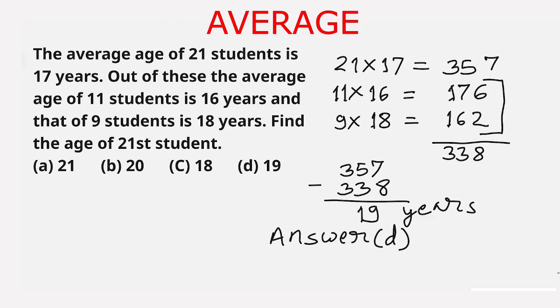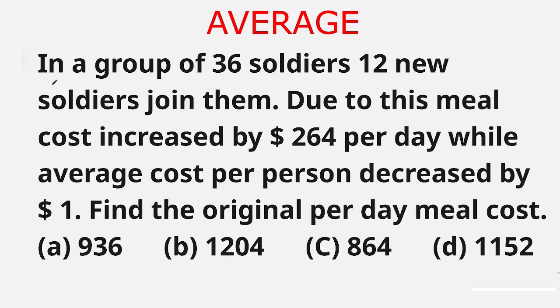We go to the next question. Our question is, in a group of 36 soldiers, 12 new soldiers join them. Due to this, meal cost increases by $264 per day, while average cost per person decreased by $1.